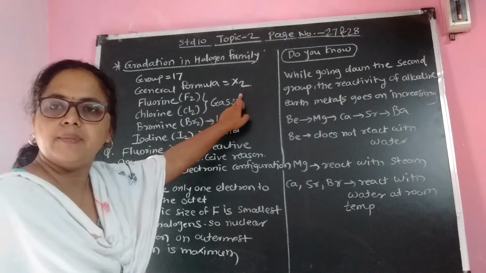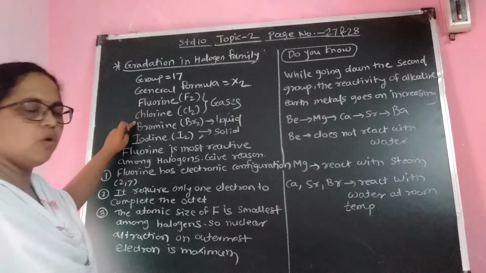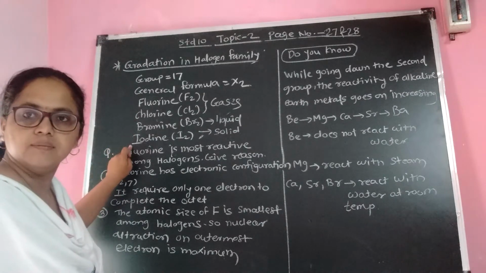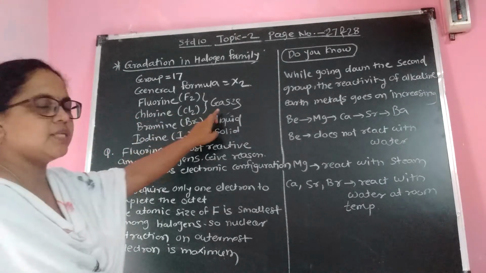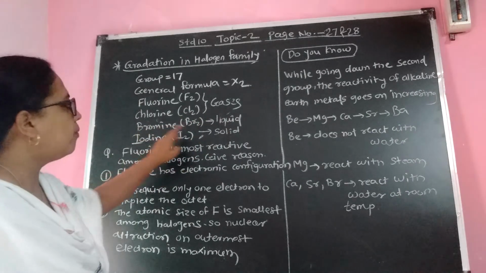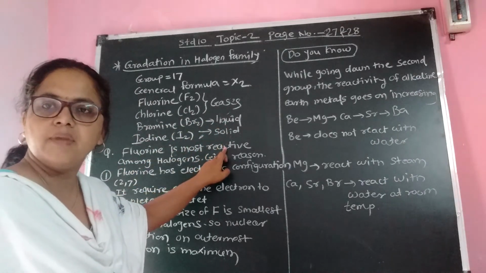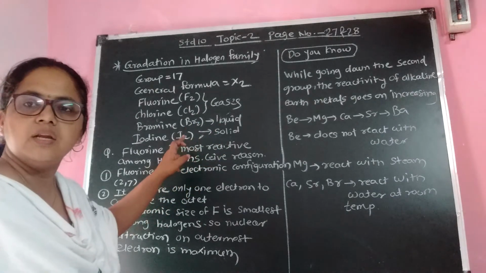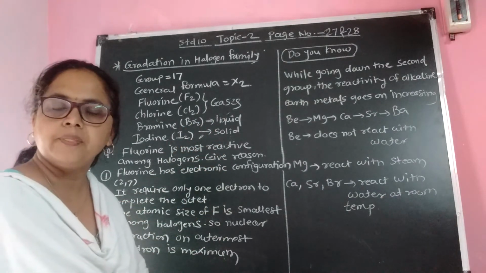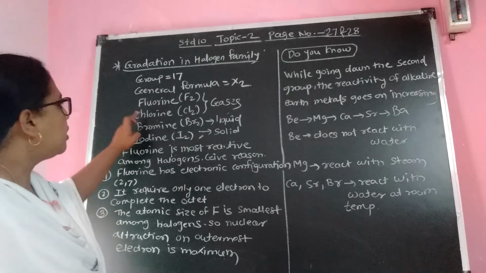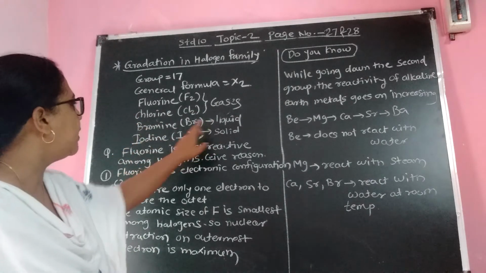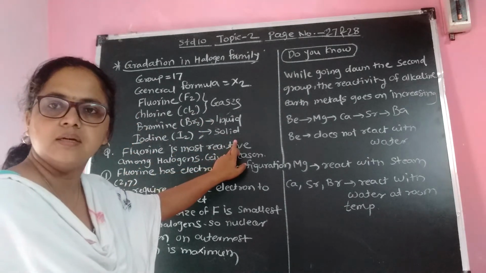It contains 4 elements: fluorine, chlorine, bromine and iodine. Fluorine and chlorine are present in the gaseous state, bromine is in liquid state and iodine is in solid state. Maybe a question is asked, in which state are all these elements present? Fluorine, chlorine, gaseous; bromine, liquid; and iodine in solid state.